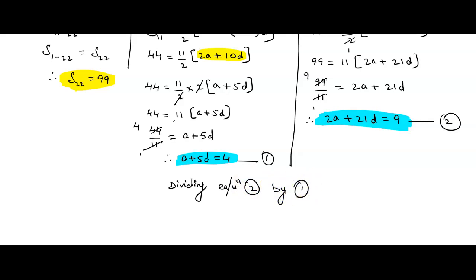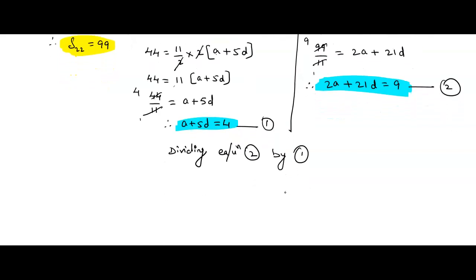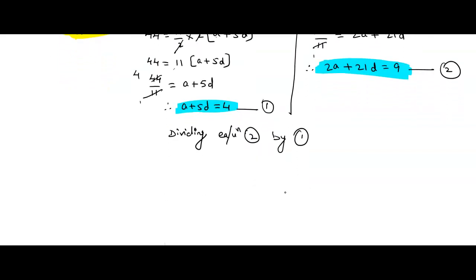So what is equation 2? That is nothing but 2a plus 21d is equal to 9. What is equation 1? That is a plus 5d is equal to 4. This is our equation 2 and this is our equation 1.